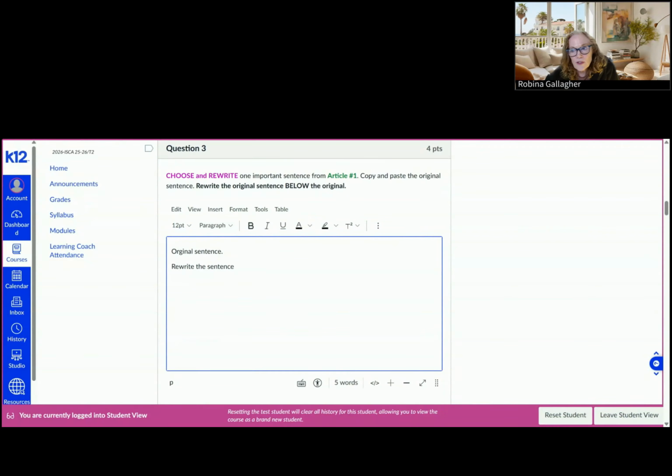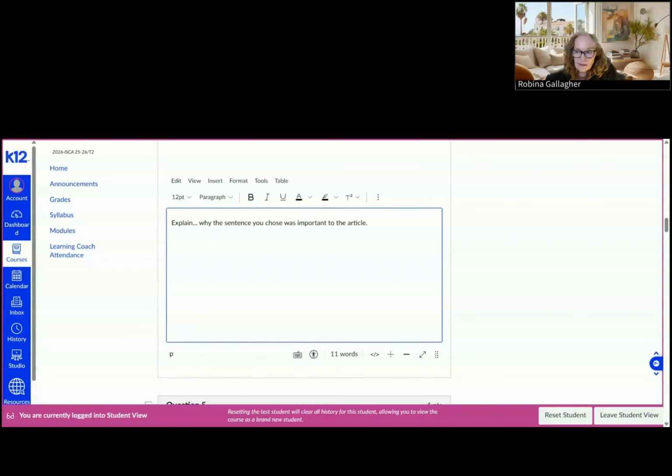Next, question number 3, you're going to choose one important sentence from article number 1, and then you're going to rewrite it, okay? Note that it says copy and paste the original sentence, and you're going to paste it right here. And then below that is where you're going to rewrite that sentence.